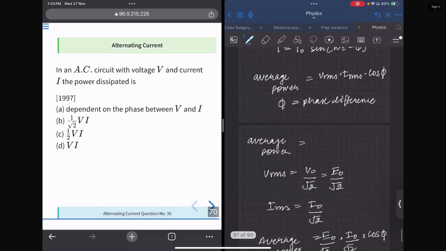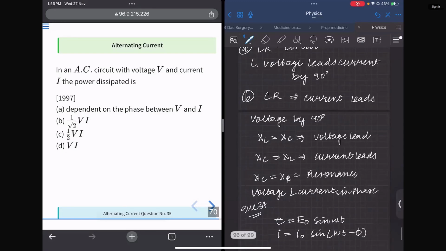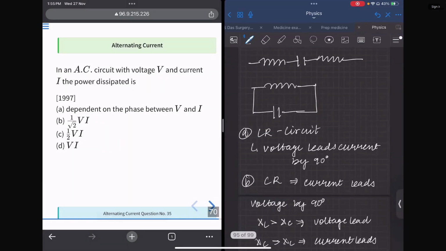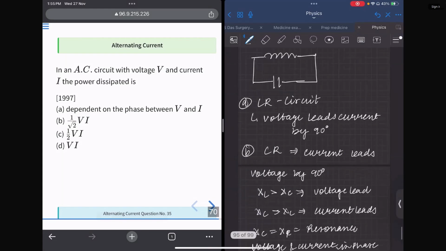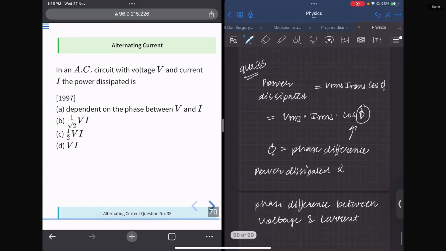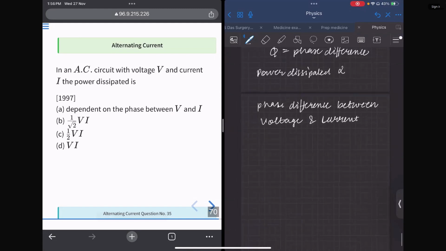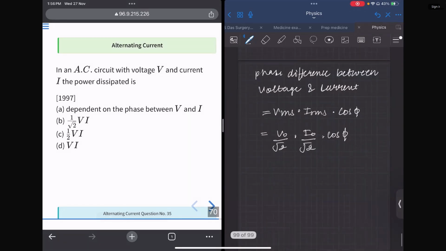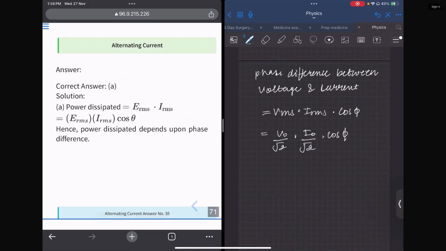In a purely LR circuit it is 90, and in CR cases also it is 90, or it is mostly given in questions. You just have to put in the value and we can calculate the power dissipated as VRMS into IRMS into cos phi, where VRMS is V naught by root 2 and IRMS is I naught by root 2. So this is the equation, and the power depends upon the phase difference.